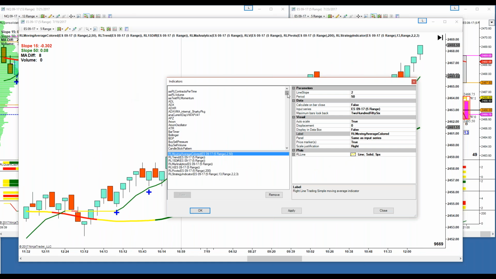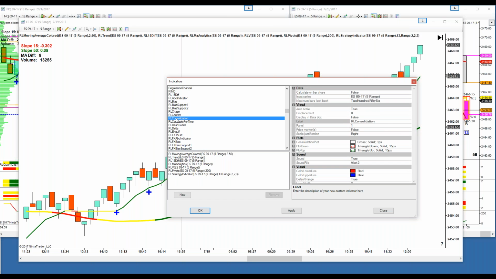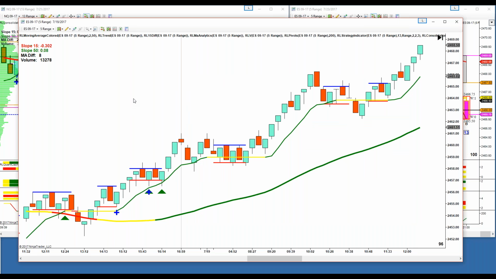Then we have the consolidation signal. We have so many indicators because we have different platforms and we've tweaked it for different types of traders.